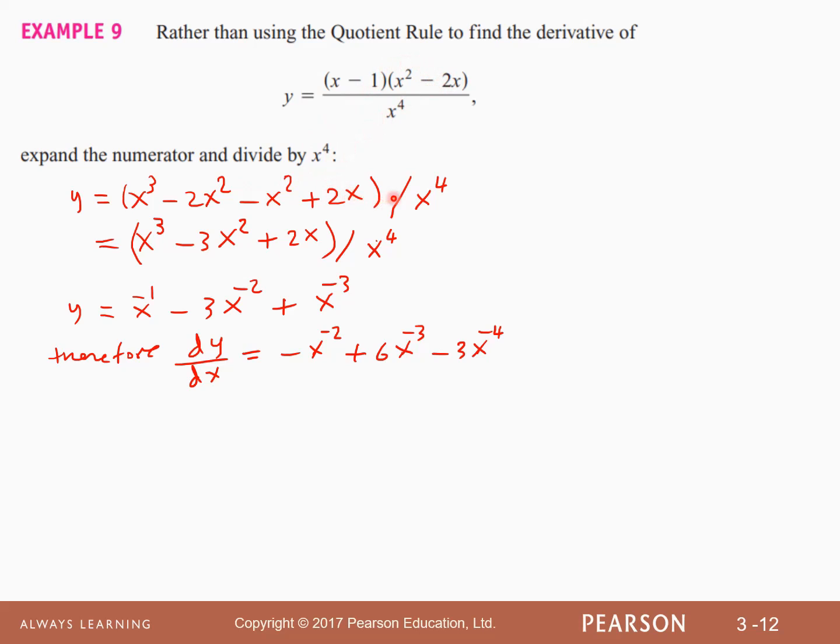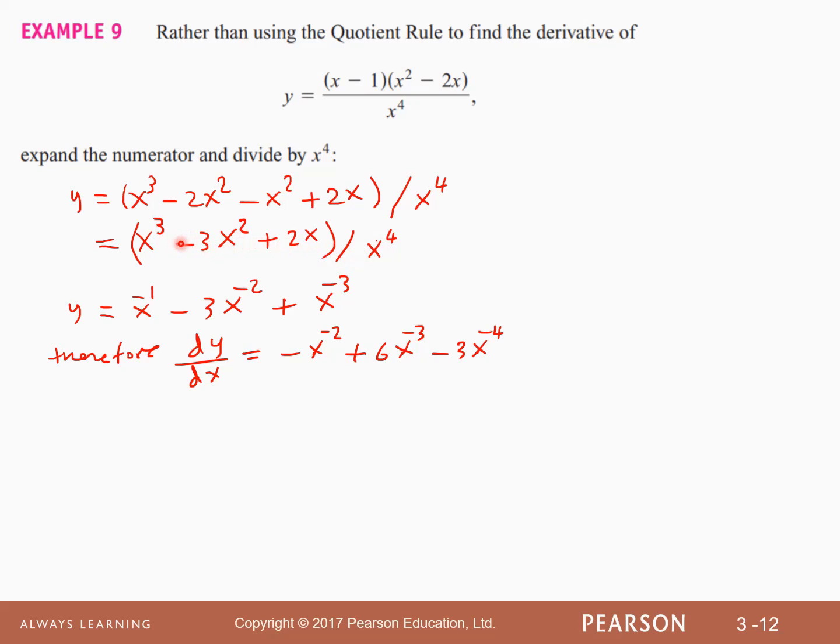Then when we divide this by x to the power 4 term by term, this is what we're going to get. The first term, which is x to the power 3, it will be minus 3x squared plus 2x divided by x to the power 4. Now we do the division.